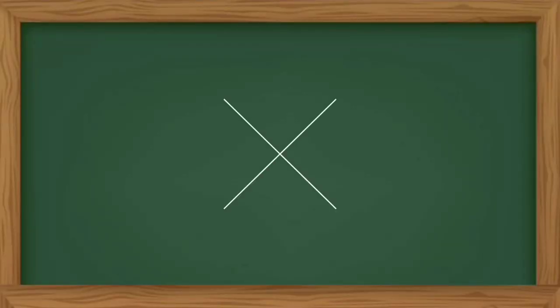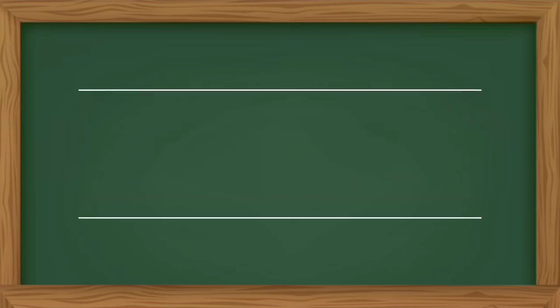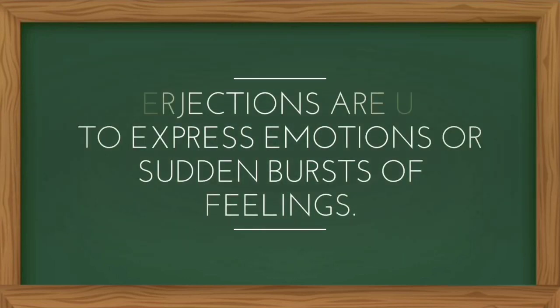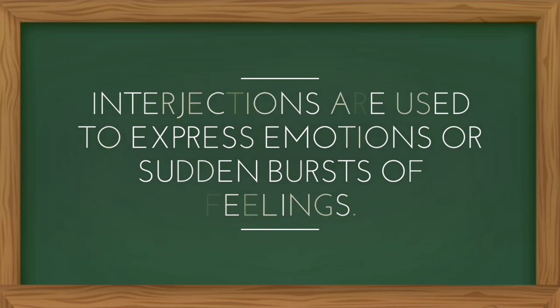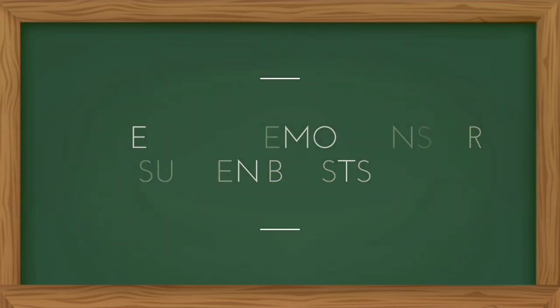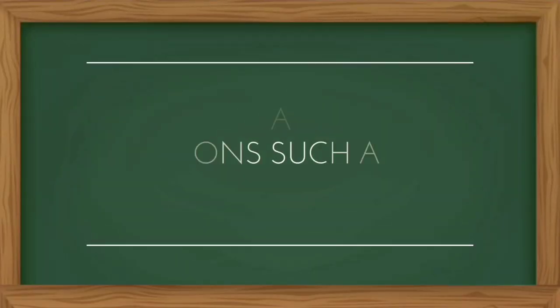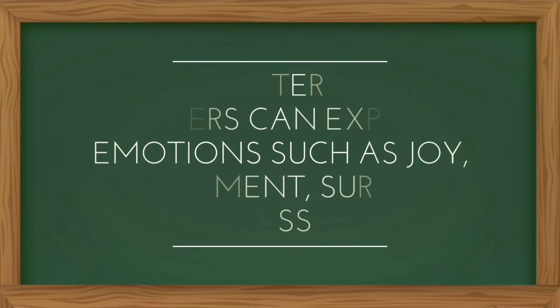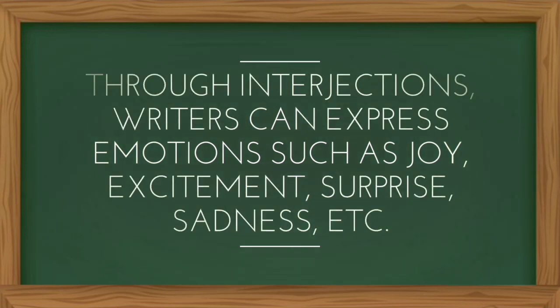In conclusion, interjections are used to express emotions or sudden bursts of feelings. They can express a wide variety of emotions such as excitement, joy, surprise, disgust, and many more. It is often difficult to express emotions in the written language, and without interjections, it might otherwise be impossible.